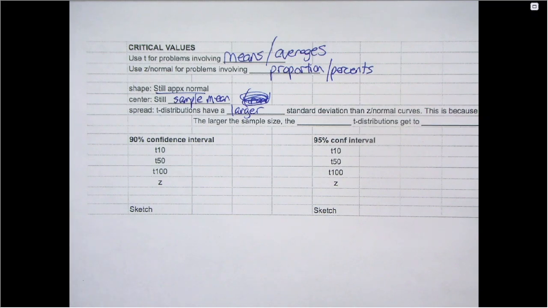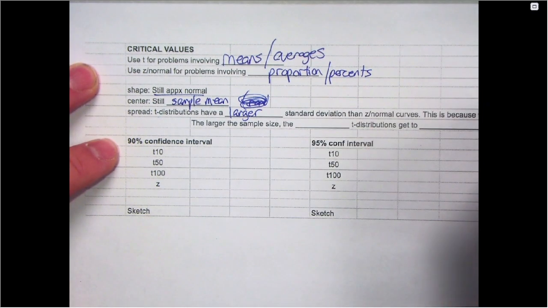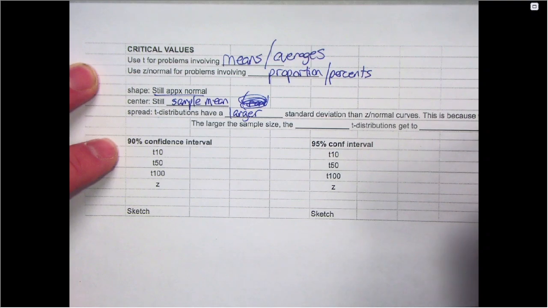So if I only know the sample standard deviation, I kind of have to guess at the population standard deviation, and you need a little extra room for error because you're guessing. So your T distributions are gonna have a bigger standard deviation, they're gonna be wider. So this is because we are estimating the population standard deviation, because we don't know it.